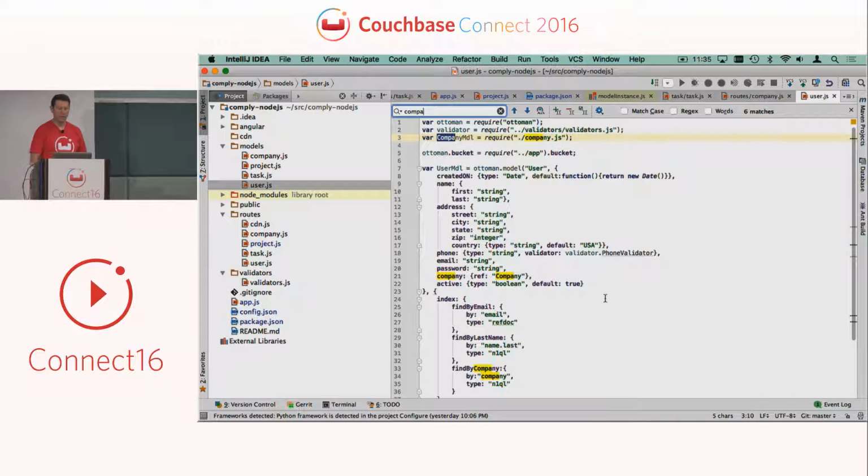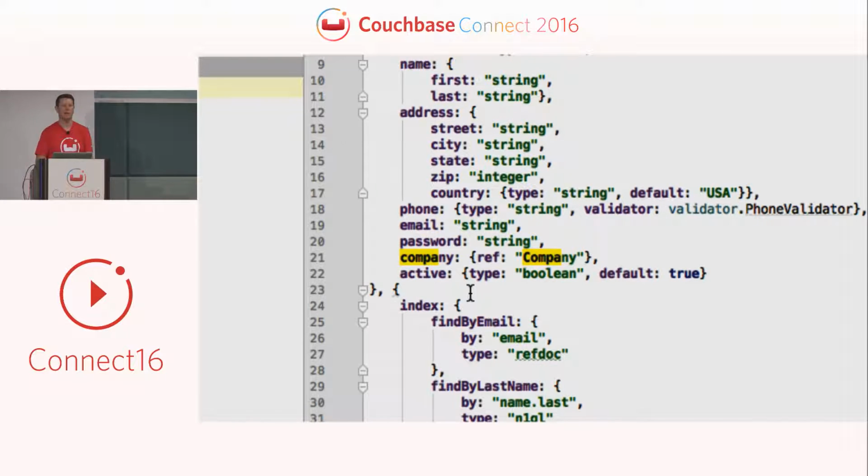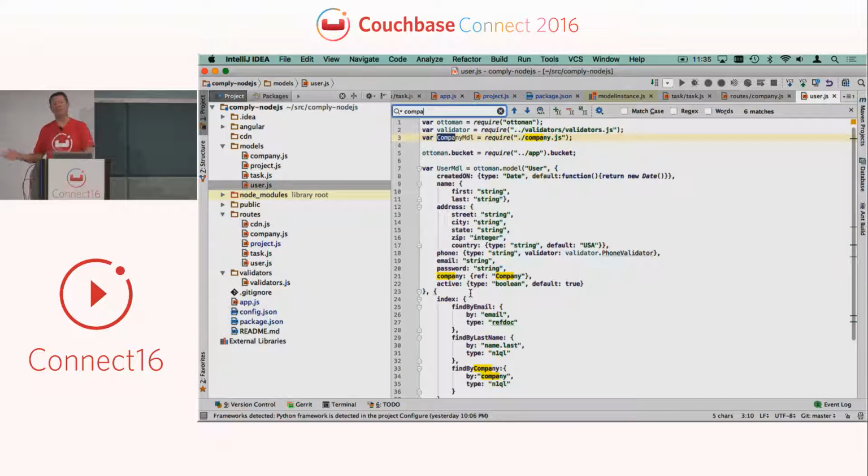So I can have those references defined inside that model. That is actually all of the code to that application, at least on the Couchbase and the model side. There's a little bit more on the Angular side. Arguably, the Angular side is more complicated, which in some ways is good, because now I can really focus on the things that are useful for my user and get out of all of that boilerplate.